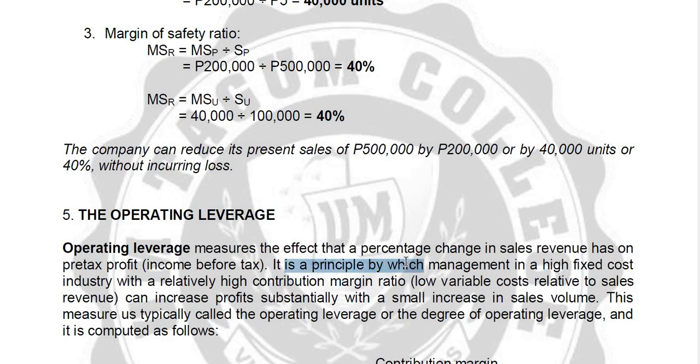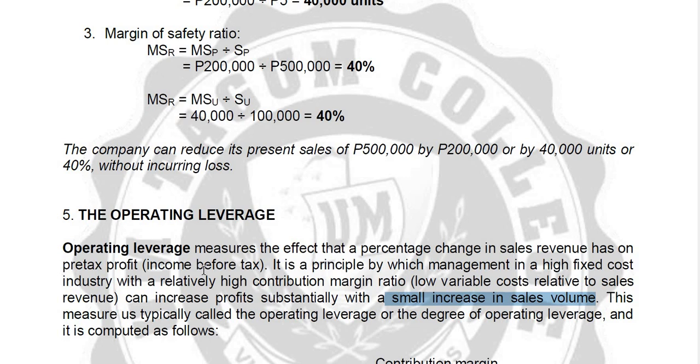So it is a principle by which management in a high fixed cost industry with a relatively high contribution margin ratio, or low variable cost relative to sales revenue, can increase profit substantially with a small increase in sales volume. So if your operating leverage is high, because your fixed cost is larger, then if there is a percentage change in your sales, it has a big effect on your pre-tax profit.